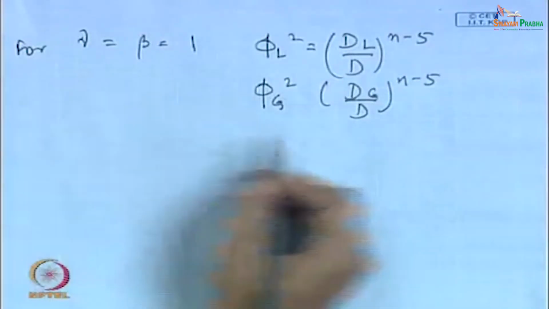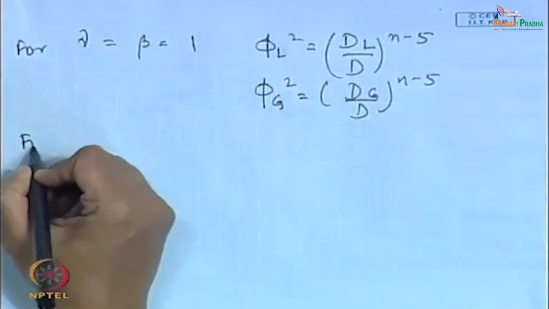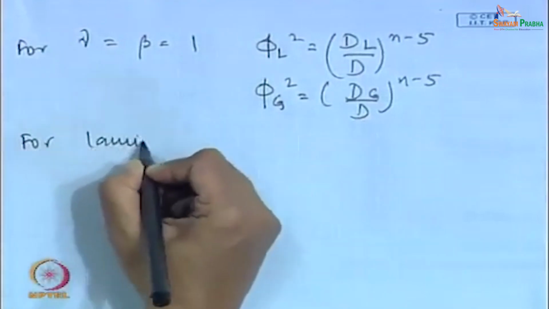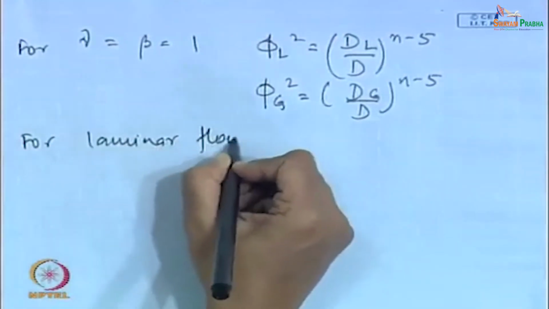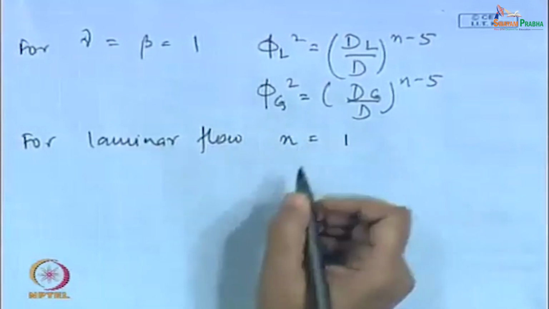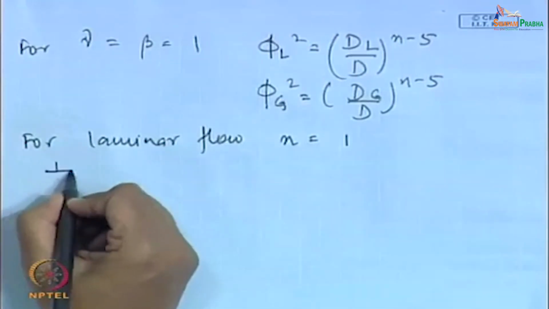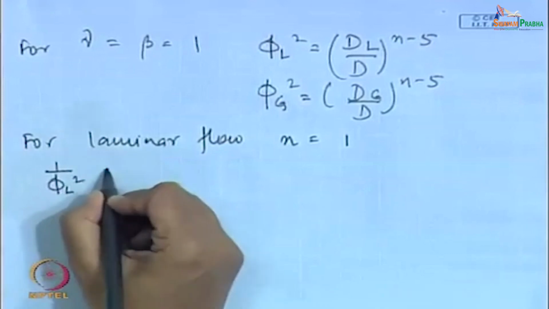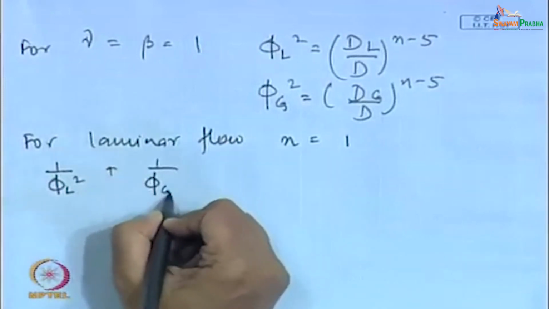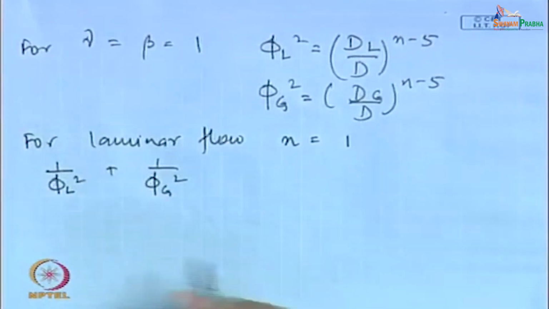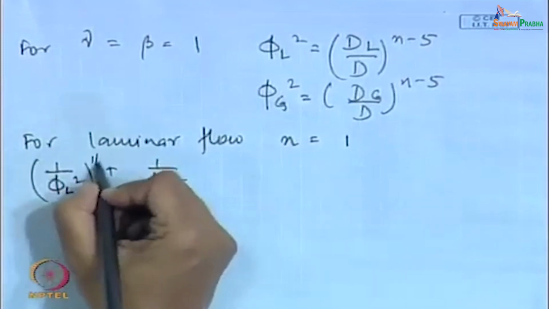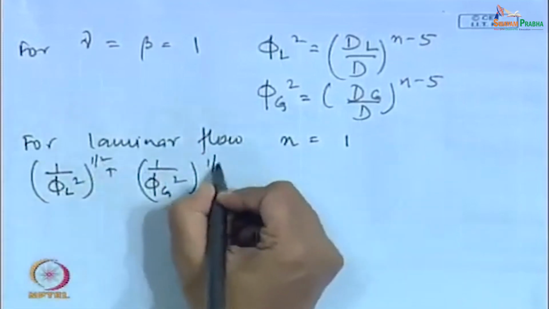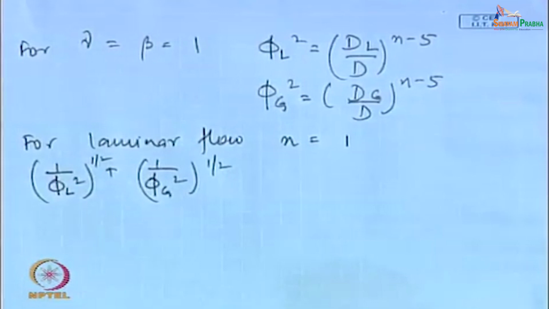Fine. So, now for n equals to 1. So, therefore, for laminar flow n equals to 1. In that case, what is the relationship, or what is 1 by phi L square whole to the power half plus 1 by phi g square whole to the power half?